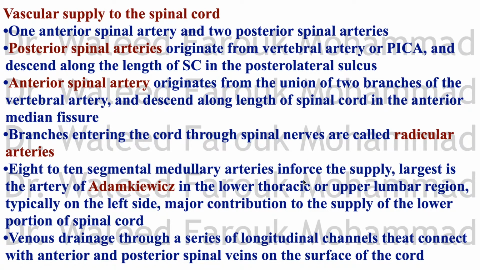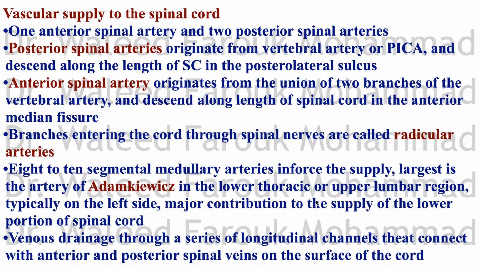Vascular supply of the spinal cord. Remember the vertebral arteries, after emerging from their vertebrae and getting above the atlas, enter the foramen magnum into the cranium, they give rise to the anterior spinal arteries. Two anterior spinal arteries that merge into one, and 2 posterior spinal arteries that remain 2 in number.